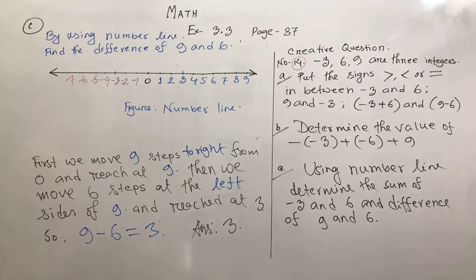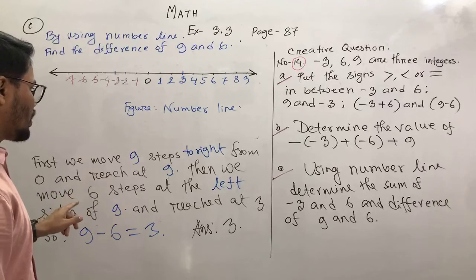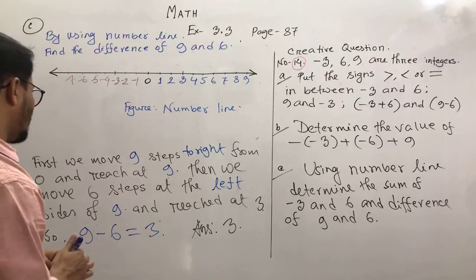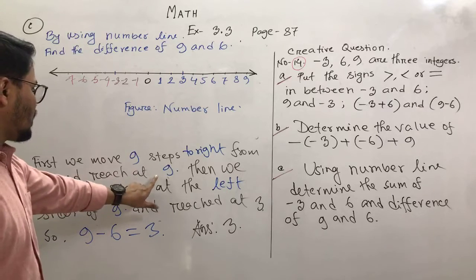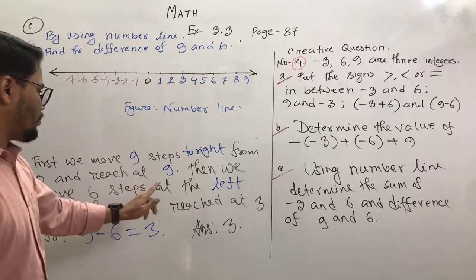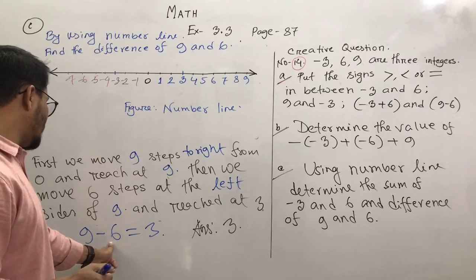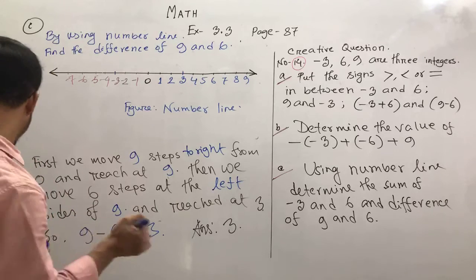So dear students, first we move 9 steps to the right from 0 and reach 9. Then we move 6 steps to the left, because of minus 6, 6 steps to the left of 9, and reach at 3.